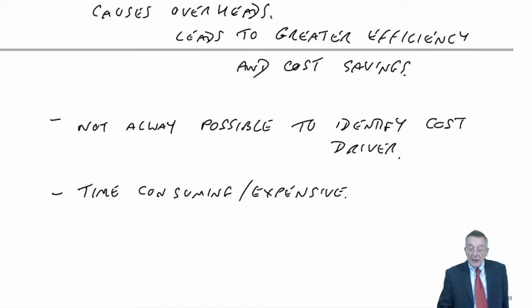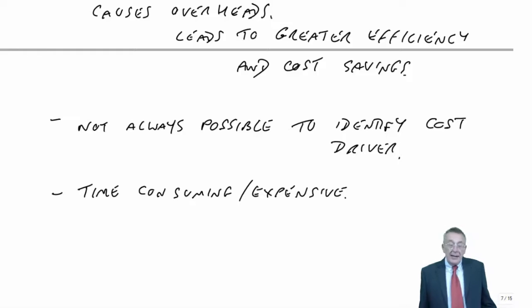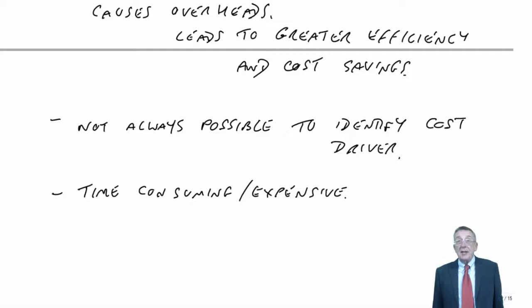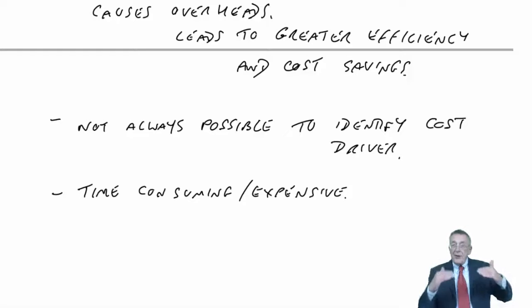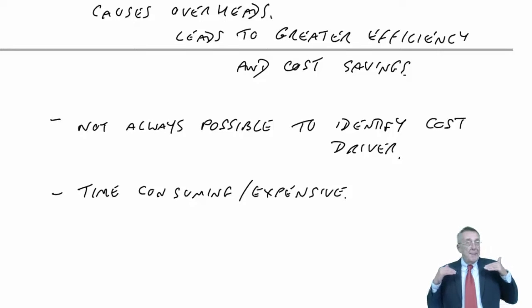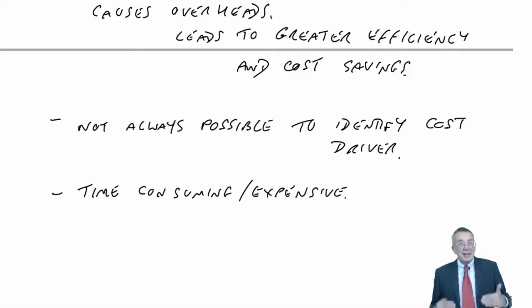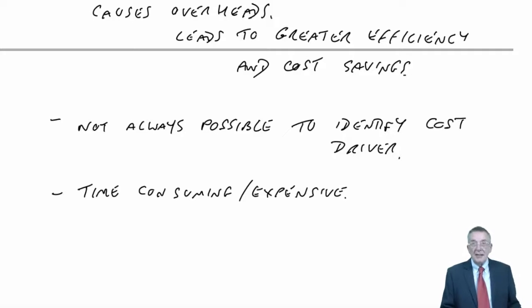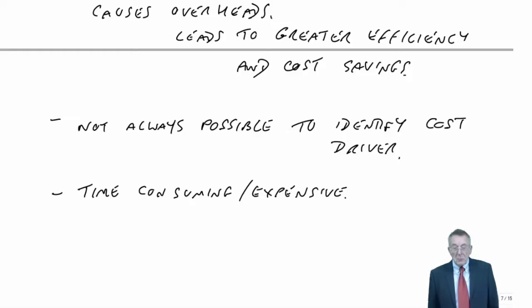As far as the first one's concerned, what companies who use activity-based tend to do, they tend to use activity-based for those overheads where it is possible to identify a cost driver. So, number of setup costs and so on.